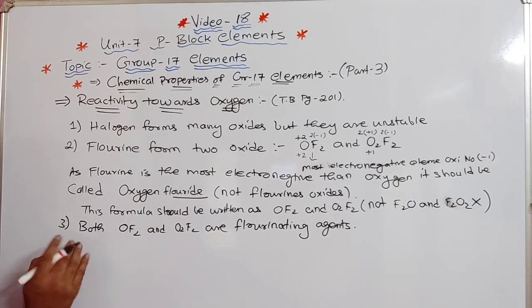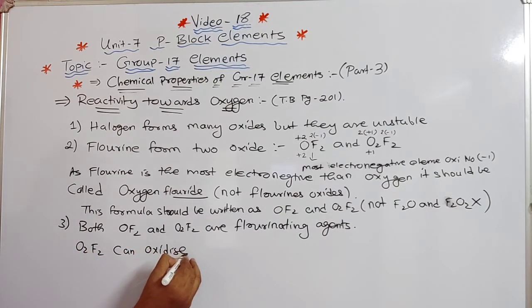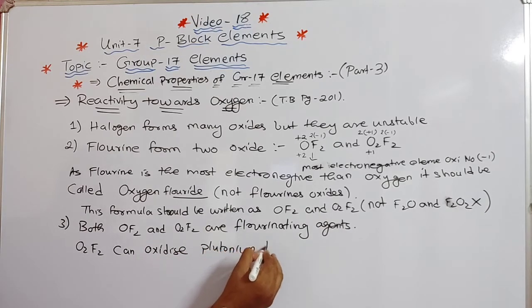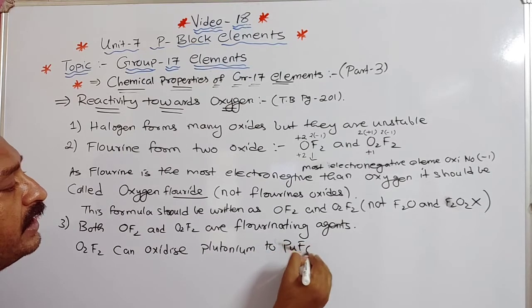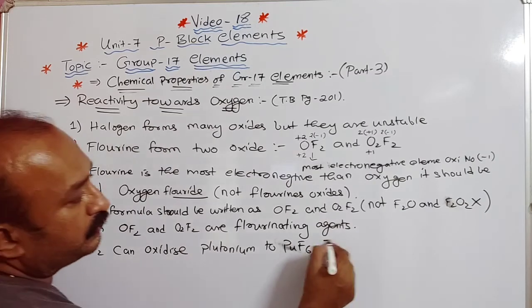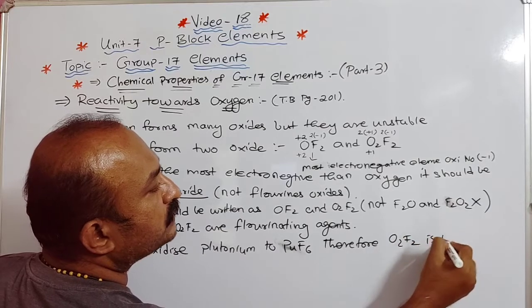Now, regarding the radioactive part, O2F2 can oxidize plutonium to PuF6, so O2F2 is used in nuclear chemistry.